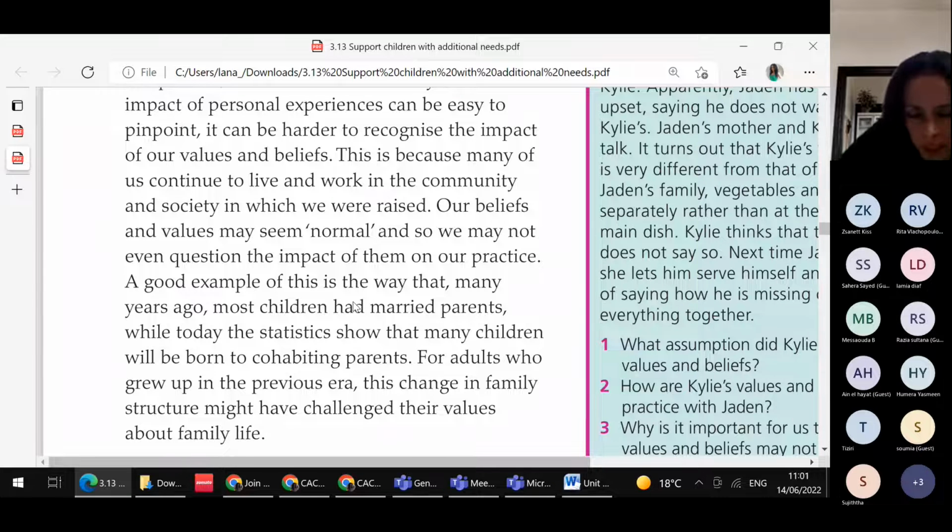A good example of this, as you can see here in the book, many children, years back, had married parents, while today maybe a single mom would bring up lots of children. So for adults growing up in the previous era, they will feel that the single mom is not a good practice. Why? Because in their generation, they didn't have this. They believed people should be married before they bring up children.